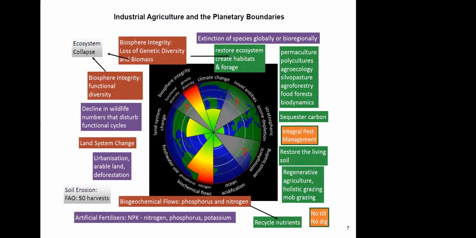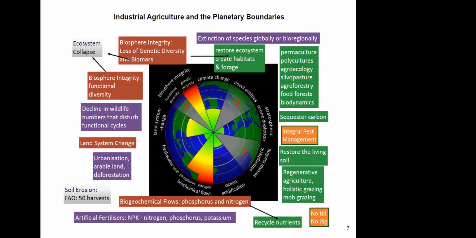We do this by doing a whole range of different agricultural methods like permaculture, agroecology, silvopasture. What is really important is that they're also polycultures. They are not monocultures, which lead to the removal of those ecosystems.